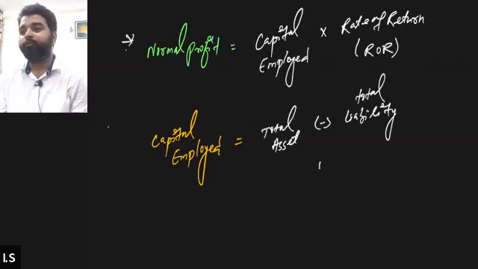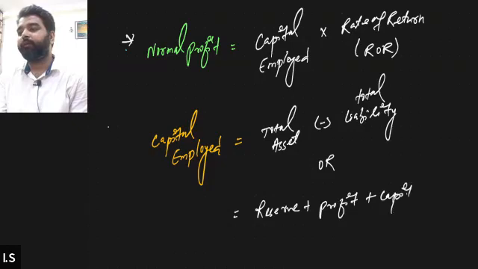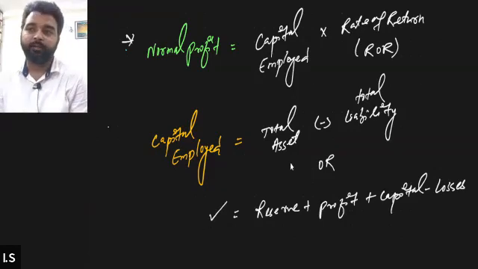And there is one more formula to find out the capital employed: we take the value of the reserves, adding the amount of profit in it, adding the amount of capital in it, and subtracting the losses. This is one of the formulas which we can also use for finding out the capital employed.